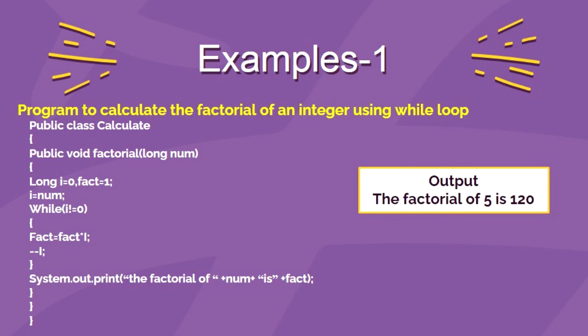So how to print this output? System.out.print, the factorial of plus num, which is the number we input, is a statement, plus fact is the calculation part. So the calculation part will be 1 into 2 into 3 into 4 into 5 is 120. After 5, the condition will terminate and it will give you the output as 120.